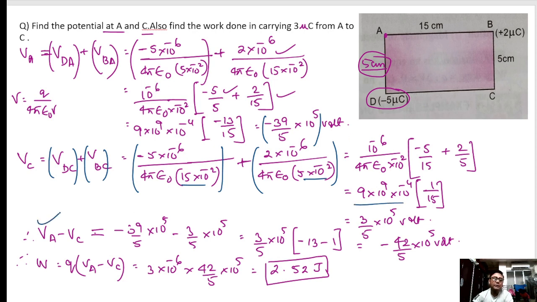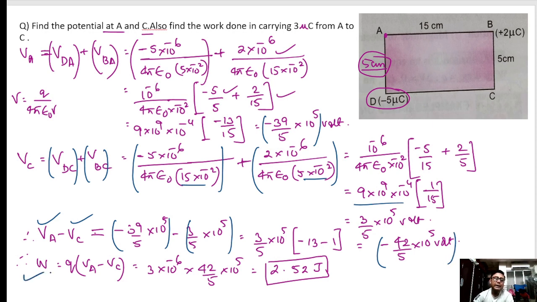So now the potential difference between A and C is this minus this, which we get minus 42 by 5 into 10 to the power 5 volt.